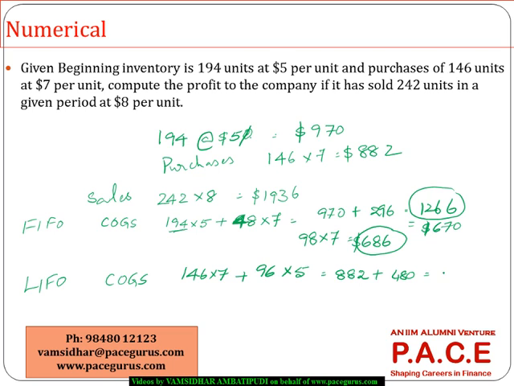So your cost of goods sold will become $1,362. So the net income in this case will become 574.